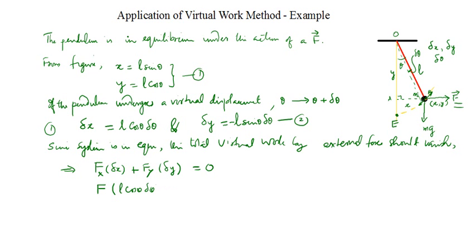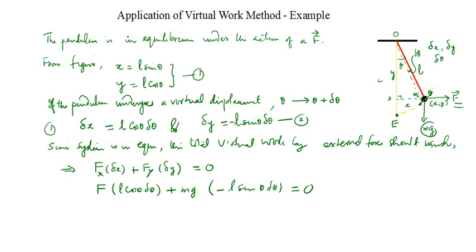Plus Fy, which is nothing but mg, because that is a force along the y direction, vertically downward. So mg into delta y, and delta y, obtained from equation number 2, is minus L sin theta delta theta, and that should be equal to 0.